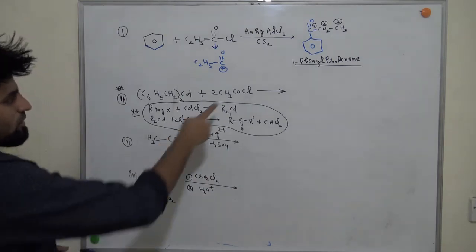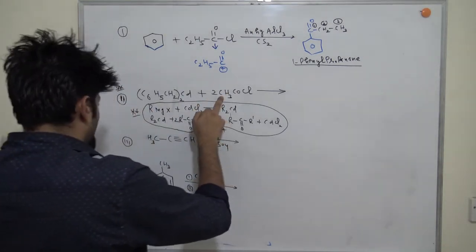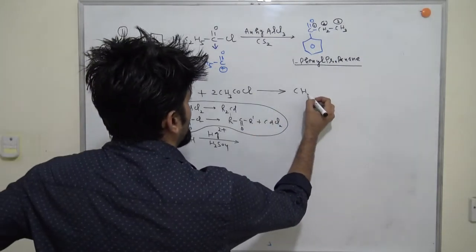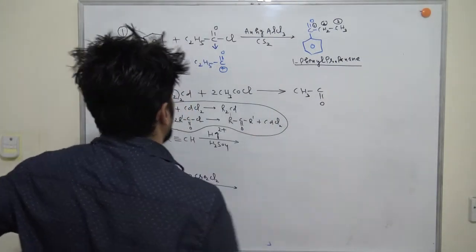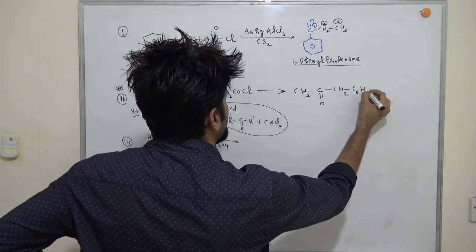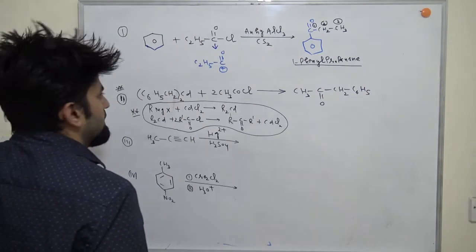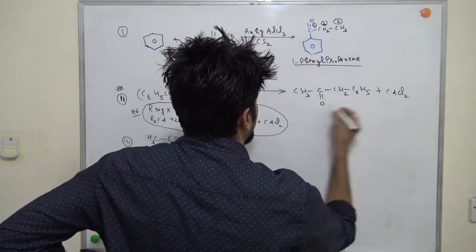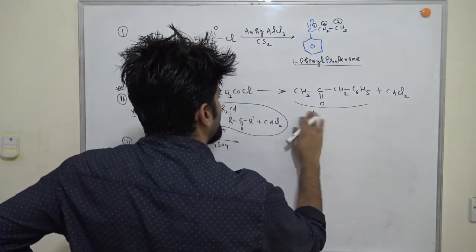So listen. You know that one R group will come from the acyl chloride, one R group will come from the cadmium compound. So what will be the product? The product will be CH3 C double bond O, and from here we will get CH2C6H5. Understood? Along with the formation of cadmium chloride. So yes, I get my ketone.